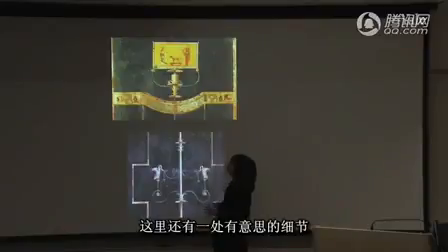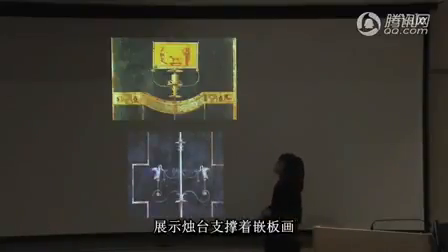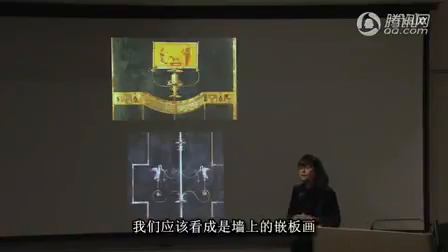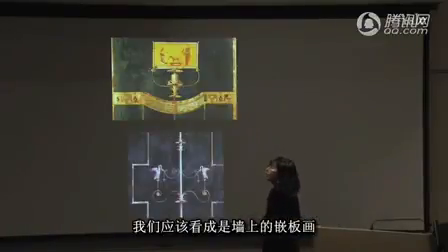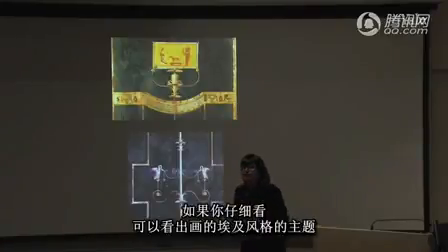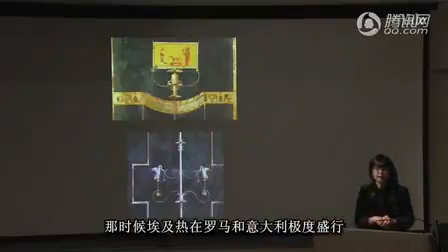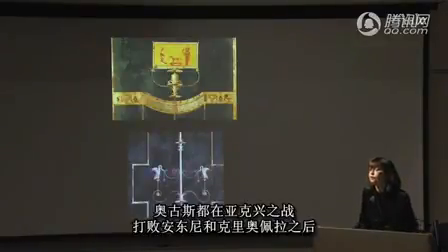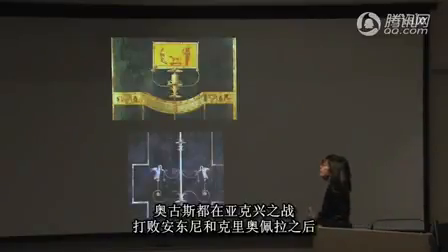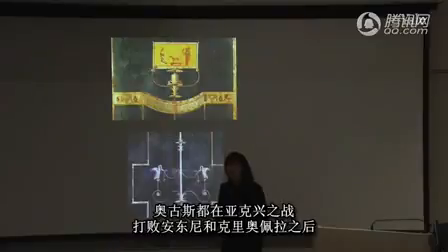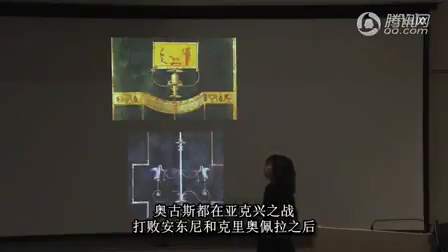This is another interesting detail because it shows, again, a kind of candelabrum supporting a panel picture that we are meant to read as a panel picture on the wall. And if you look carefully, you can see the Egyptianizing motifs in that panel picture. There was an extreme Egyptomania that spread through Rome and Italy after Augustus was victorious over Mark Antony and Cleopatra at the famous Battle of Actium.